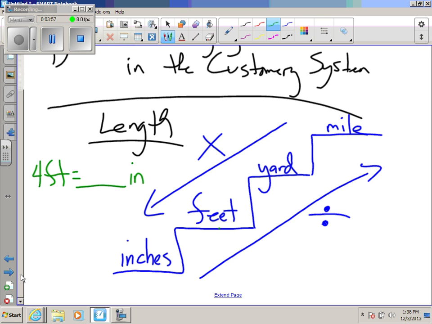Therefore, the operation will be multiplication. 4 times, what is the relationship between feet and inches? Find it in your chart. 12 inches equal 1 foot, right? Well, which one are you going to use? 12 or 1? 1's not going to change anything. 4 times 12 equals 48.